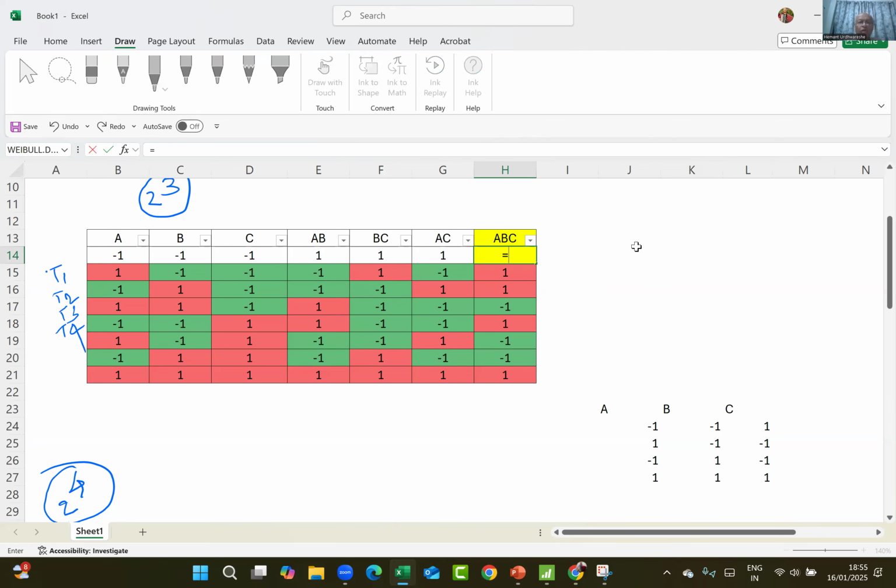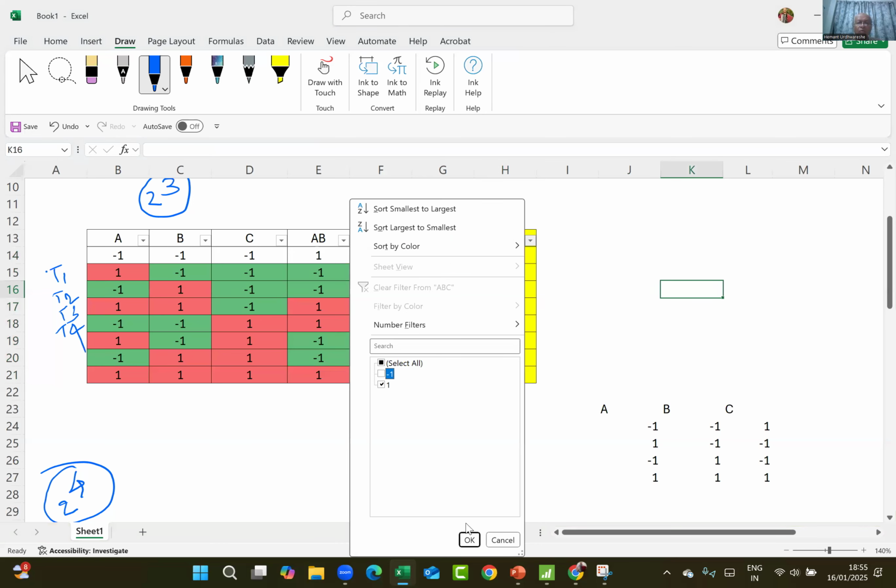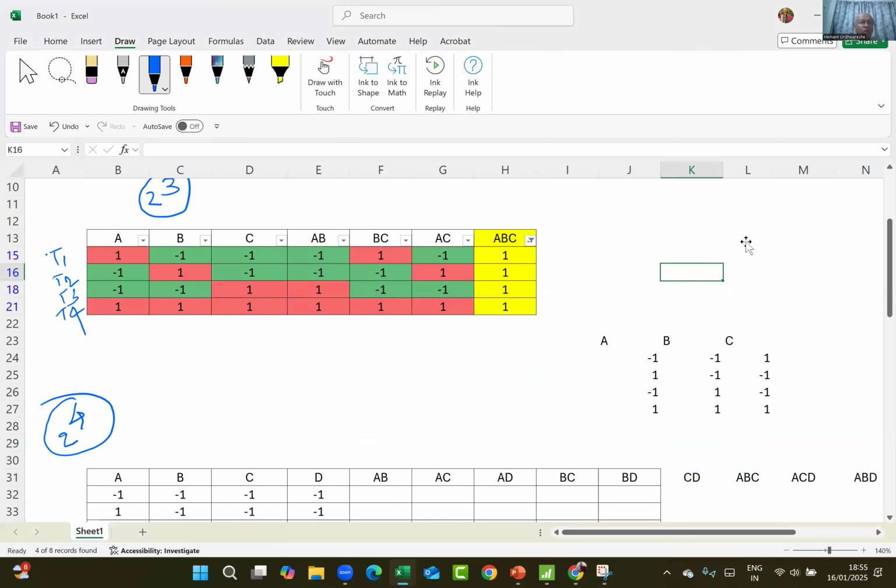Let me do it once again. A star B star C. And if I select +1, yeah, now I think I made a mistake in the ABC column calculation. That's why it was not matching. So now you can see 1 -1 -1. So this will now match.